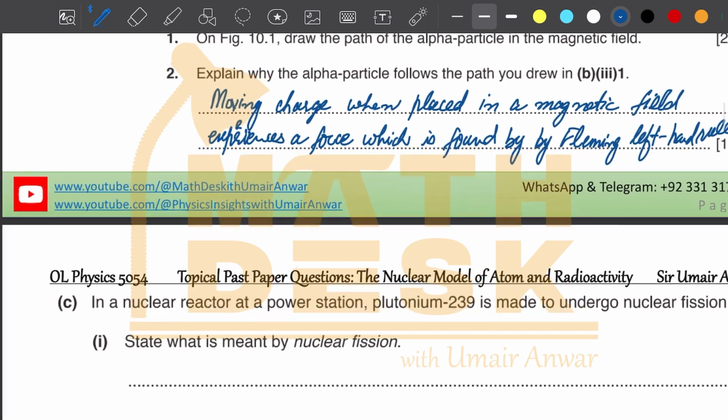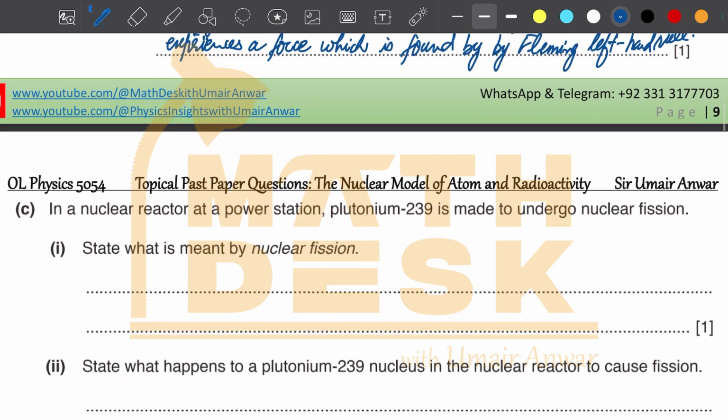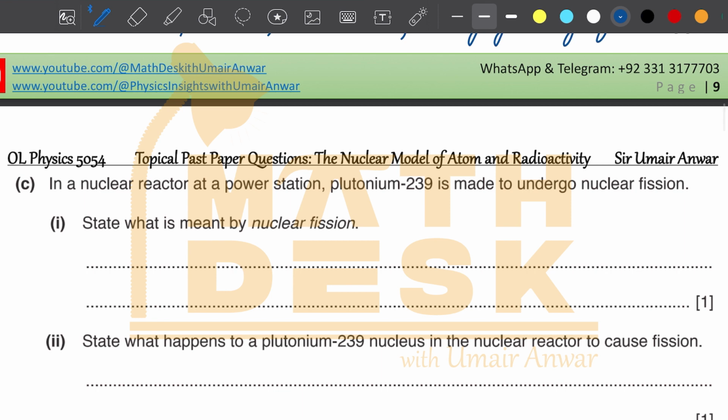Now the next part says in a nuclear reactor at a power station, plutonium-239 is made to undergo nuclear fission. State what is meant by nuclear fission.